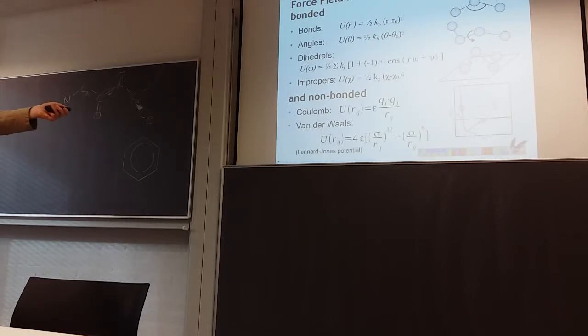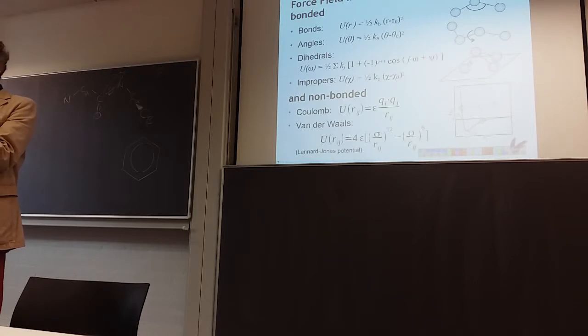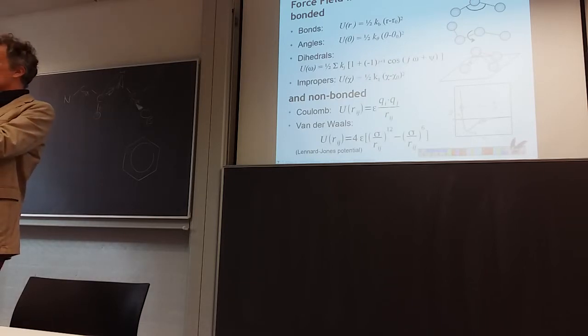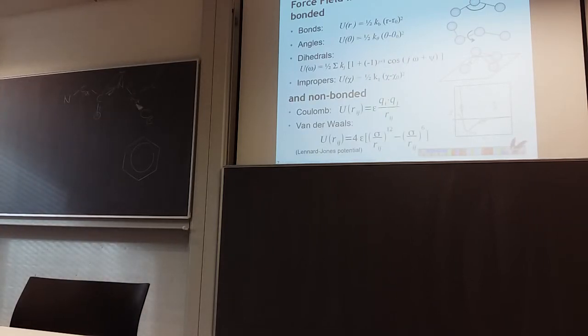Now, your Coulomb interaction drops with 1 over r. But the total interaction at the distance r is the sum over all the pairs of atoms that you find. So if this goes down linearly with r, and the number of atoms at that distance grows quadratically with r, the total interaction with all the atoms at that distance will keep increasing.